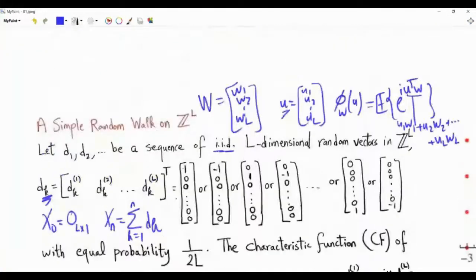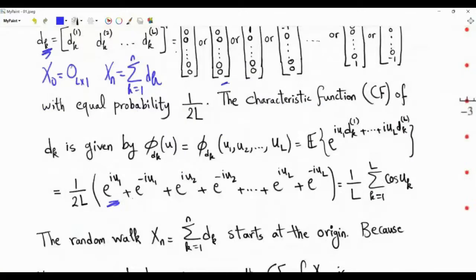The inner product between this vector and this vector will give e^{i(-u1)}, like this, and so forth. These two terms can be combined as 2 cosine u1. This means that we can write down the characteristic function of the step d_k as (1/L) times the summation over k from 1 to L of cosine u_k.